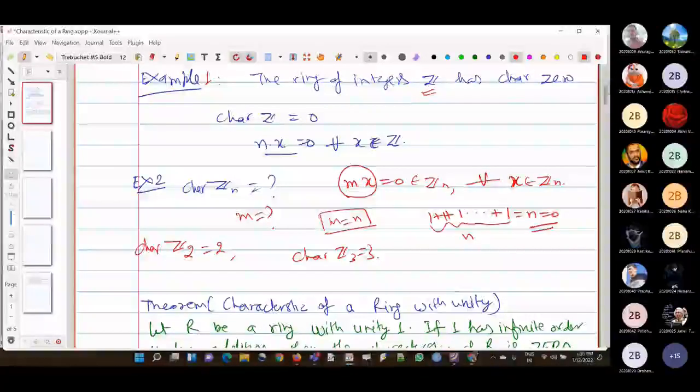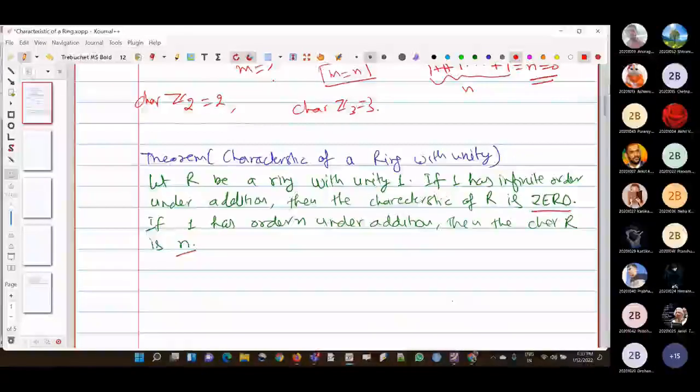Actually, we are computing order, but the thing is that we are relating this property somehow with the ring, not with the element. Okay. So here, in case of Zn, 1, that is the multiplicative identity, has order n, and therefore its characteristic is going to be n.